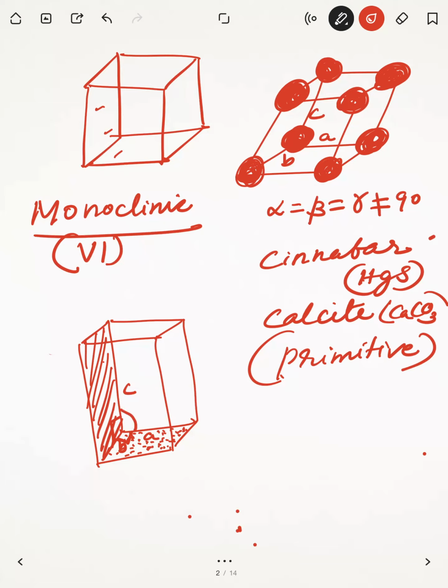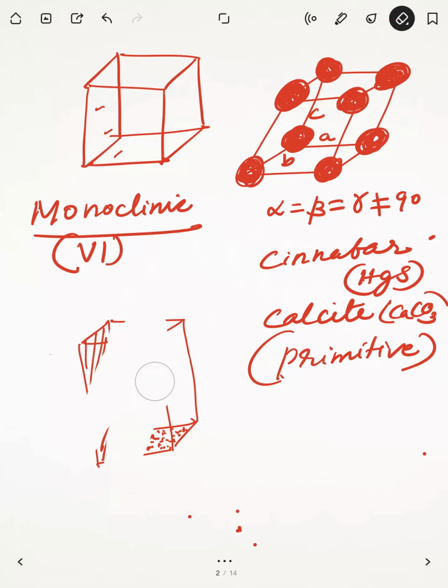So I am drawing that. The matchbox is pressed from one side.